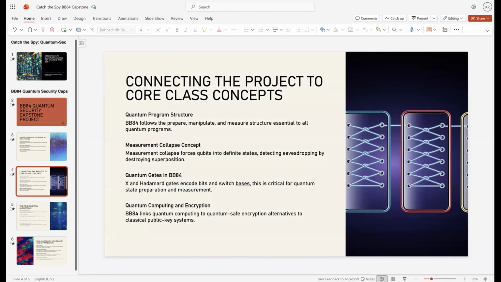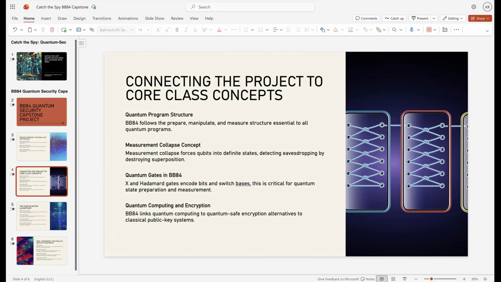Just going to how it connects to the core concepts we learned in class. As we saw when we ran the clean BB84 with no spy, Alice chose the random bits and the random basis, and then Bob chose his basis. And then they keep only the positions where they matched. And since there is no Eve, and this is ideal, the error rate should be around zero, which it was.